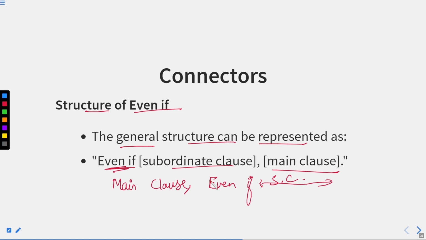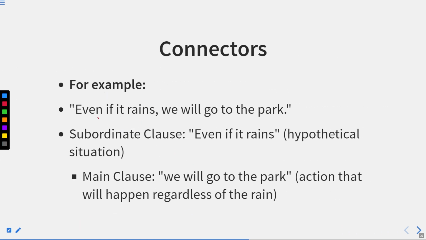So this will be the structure if we keep even if in the middle of the sentence. For example, even if it rains, we will go to the park. If it rains, it means if rain occurs, we'll go to the park. So this rain will not affect our plan to go to the park.